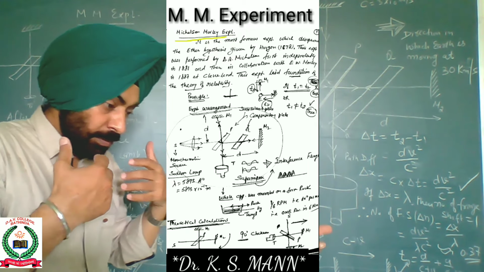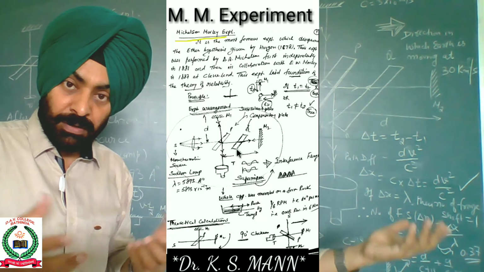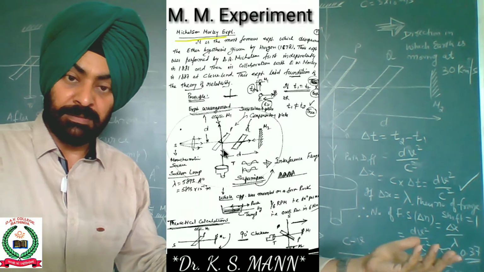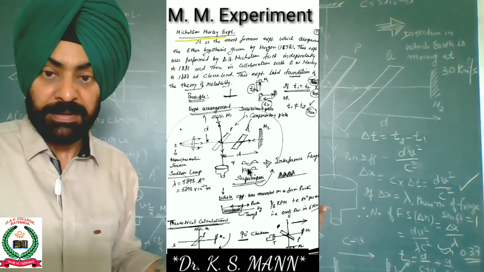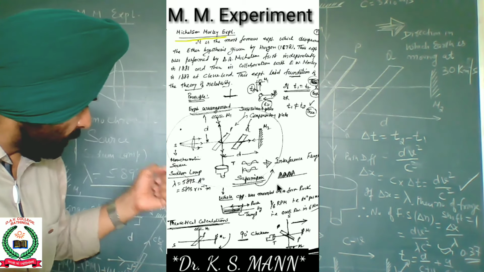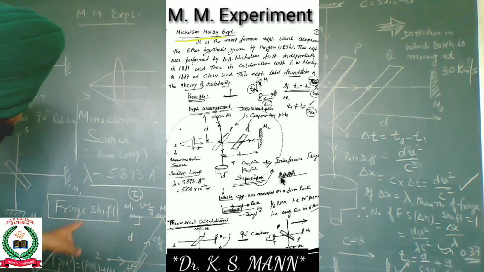Plane mirrors M1 and M2 are placed at the same distance, small d, from plate P. The interference pattern results in alternate dark and bright bands, which are called fringes.